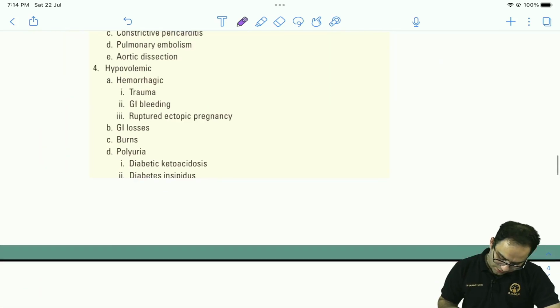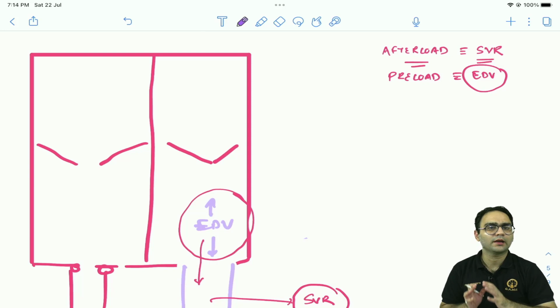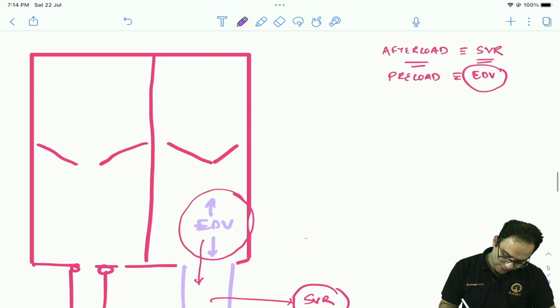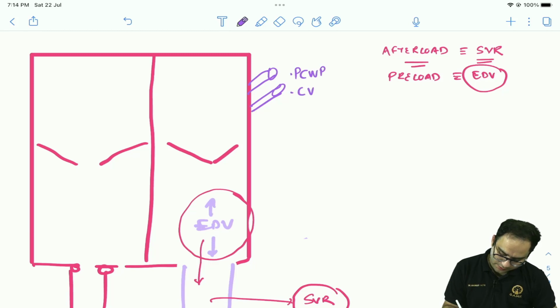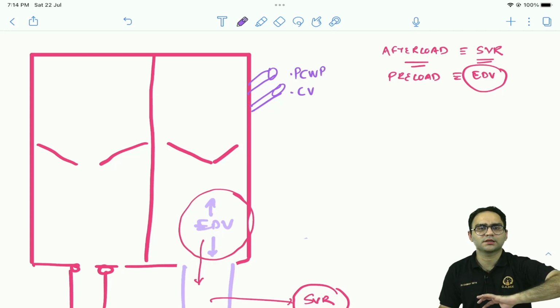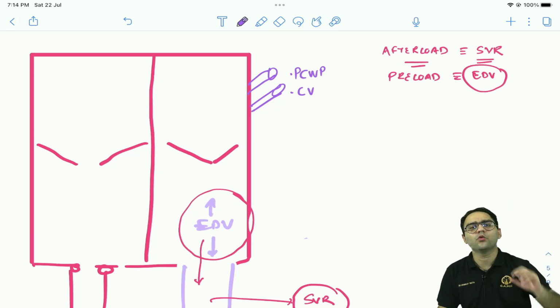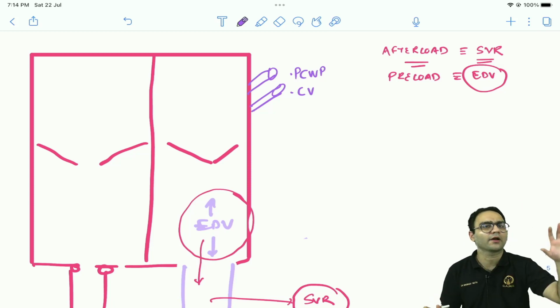If the blood is being pumped forward, only a little amount of blood will accumulate in the heart. The blood which accumulates, you have the pulmonary veins here, which is basically responsible for the pulmonary capillary wedge pressure and the central venous pressure. If the blood accumulates in the heart, from the left ventricle it will go to the left atrium, and ultimately into the pulmonary circulation by the backflow hypothesis.